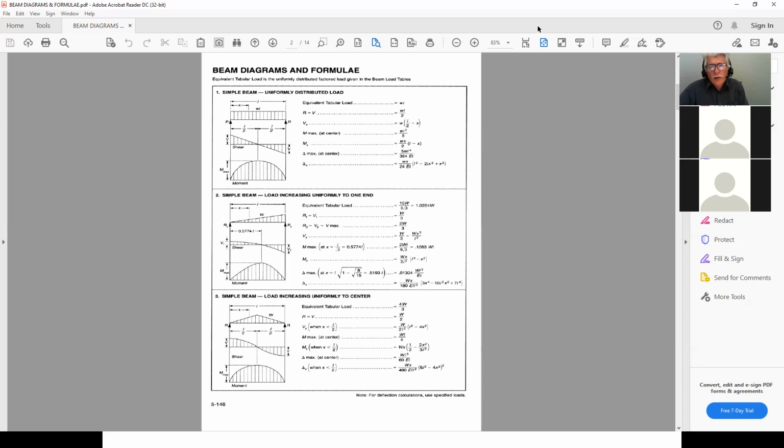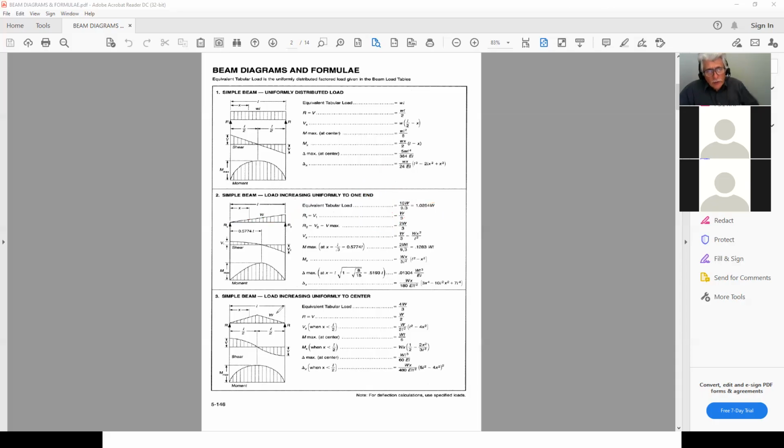The only thing about this one, you'll notice that here you have a small w, and here you have a big W. A big W means that you calculate the total weight that's occurring in this triangle, and that's what you use in the formulas. So the W represents the total weight. The total weight, the W here, would simply be equal to your L times whatever load you have there divided by 2, and that's what you use in these equations. So that's what they have there.